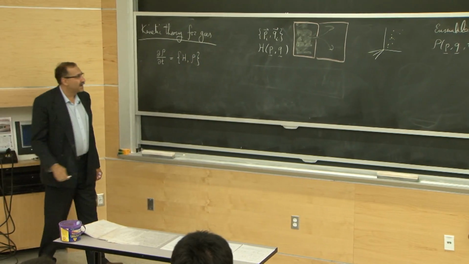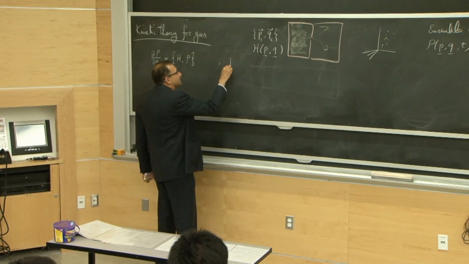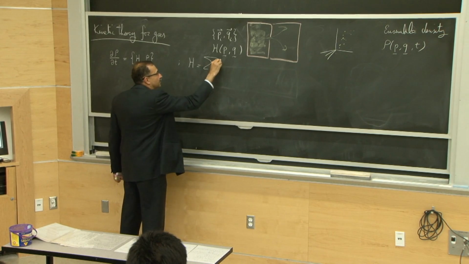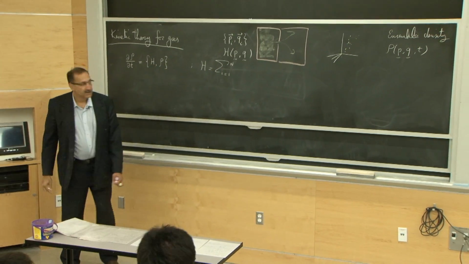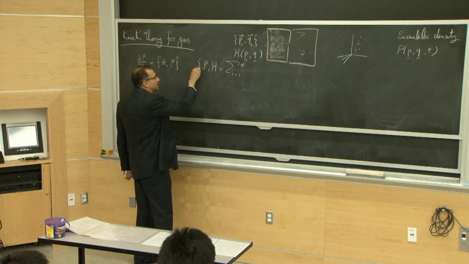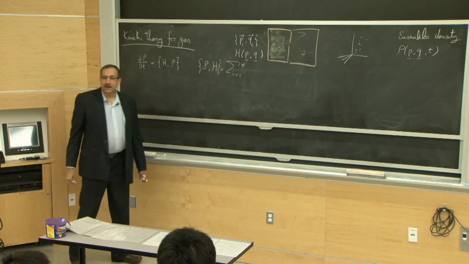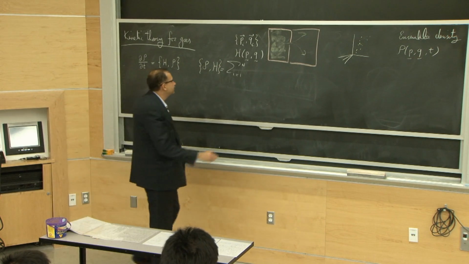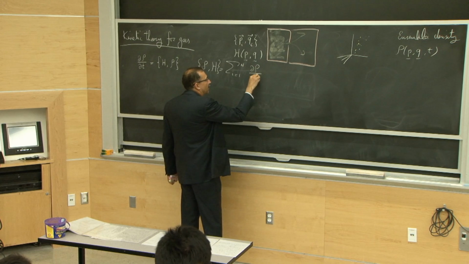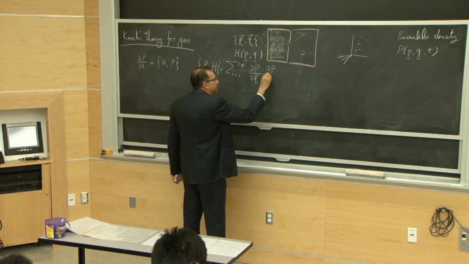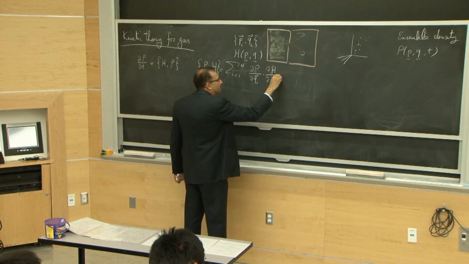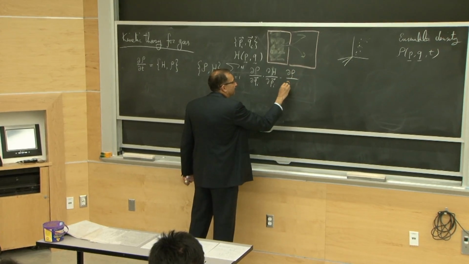And this Poisson bracket was defined as a sum over all of your coordinates. We had d rho by d vector qi dot product with d H by d pi, minus the other way around.